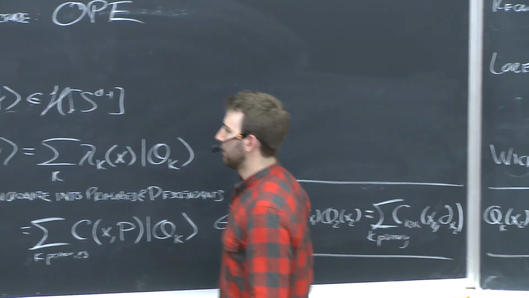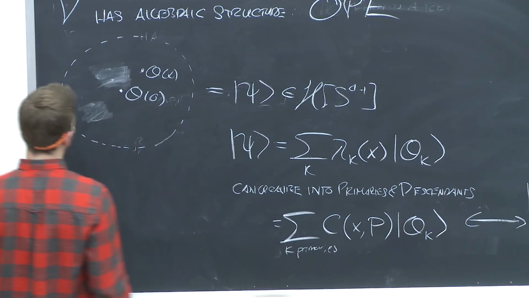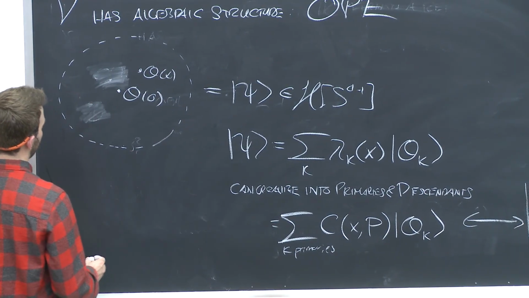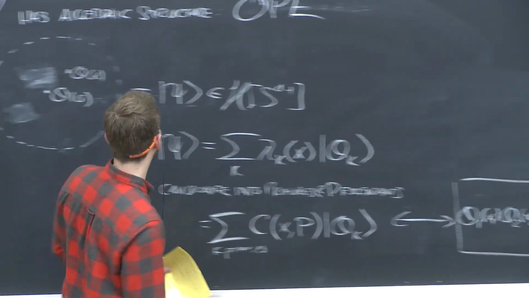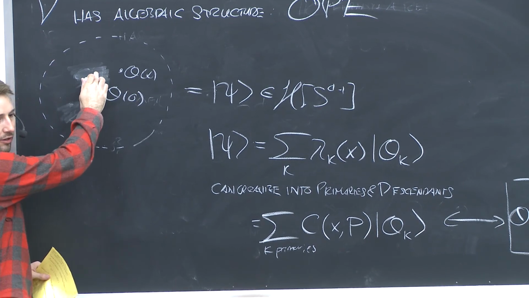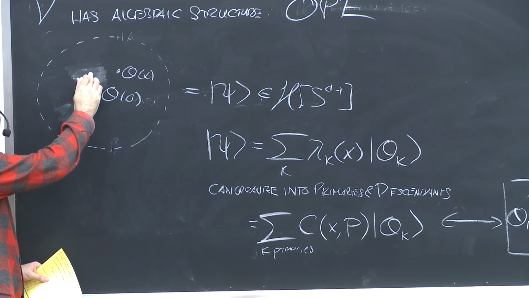Another way of saying it is that once I make this replacement of operators, if I studied correlation functions where I had this third operator here, then the expansion wouldn't converge.